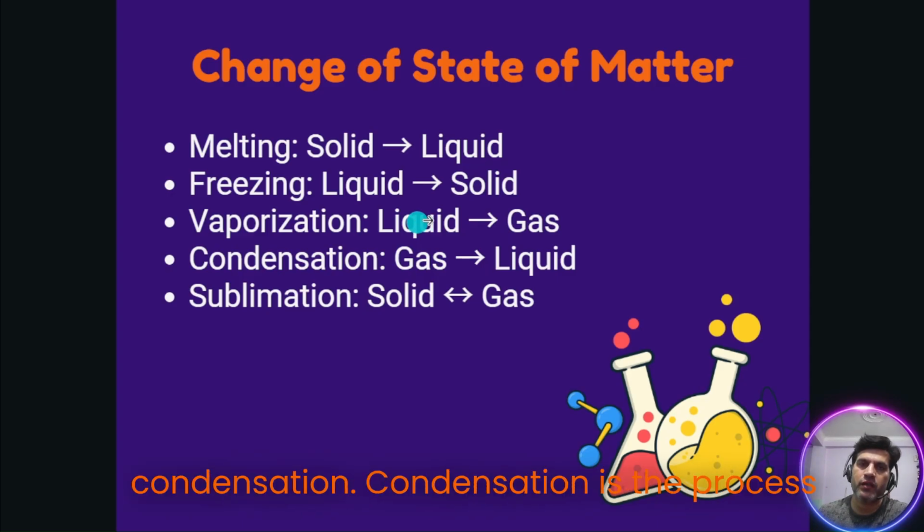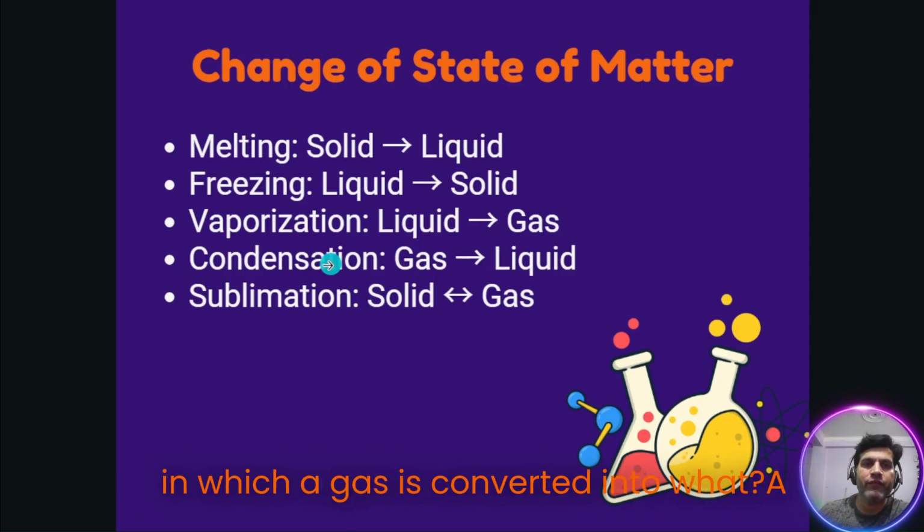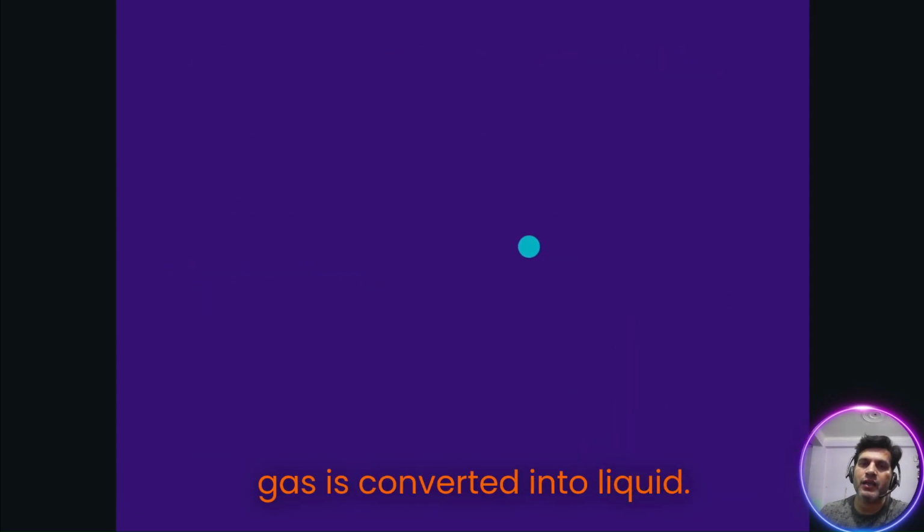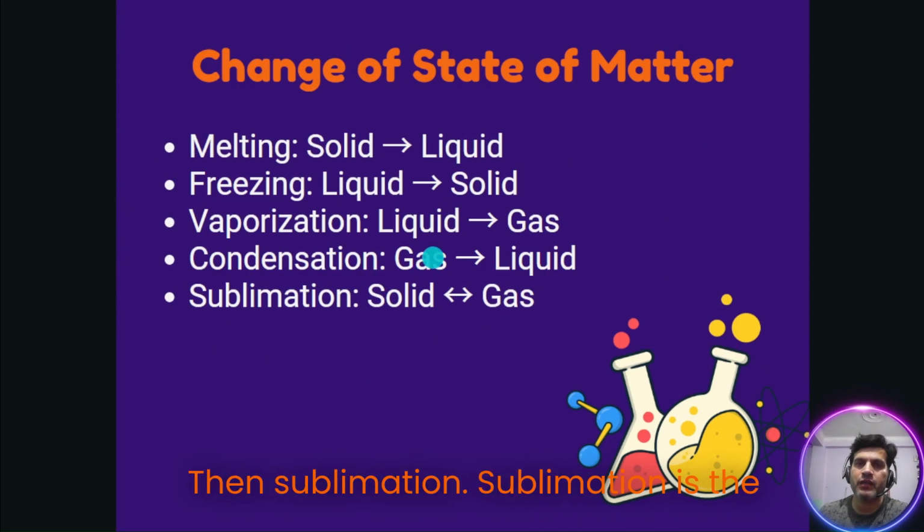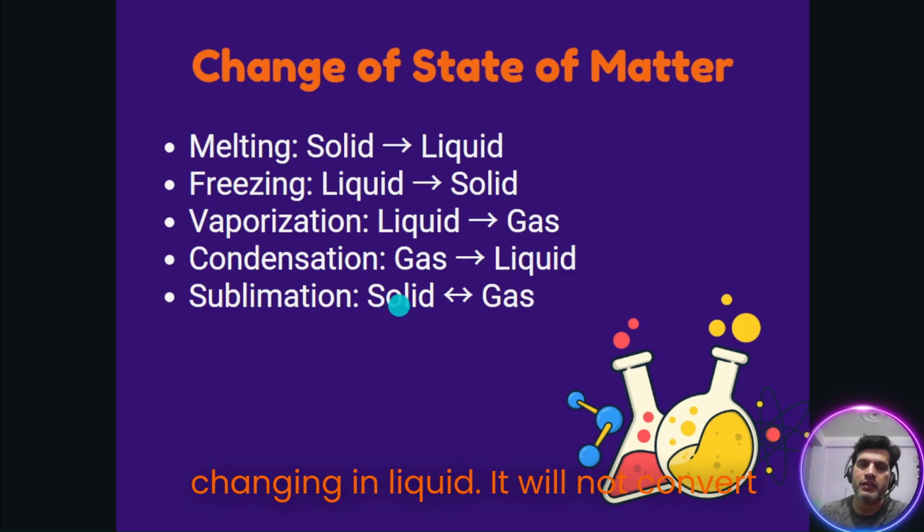Then condensation. Condensation is the process in which a gas is converted into liquid. Then sublimation. Sublimation is the conversion of solid into gas without changing into liquid.